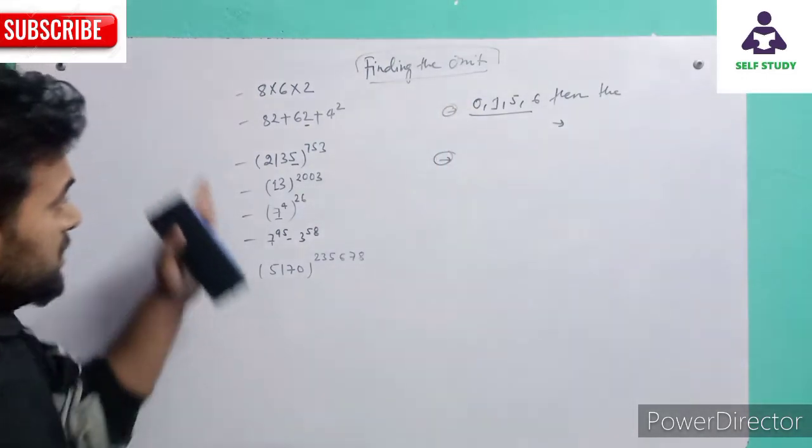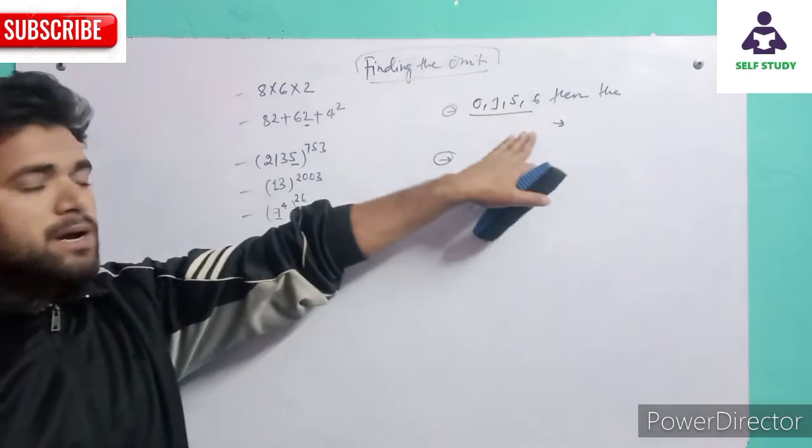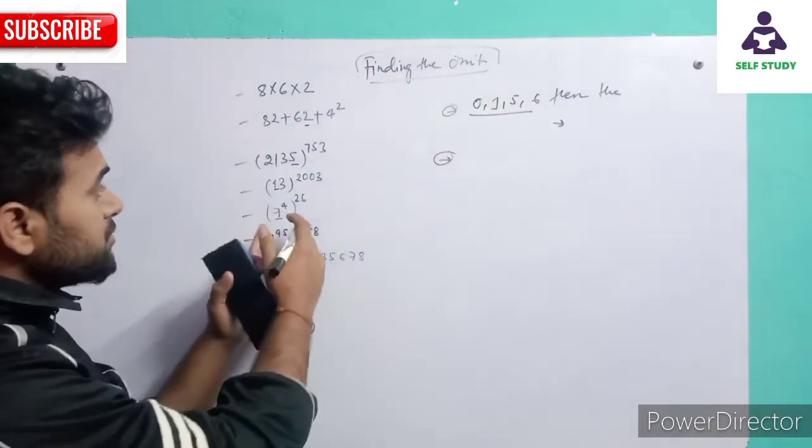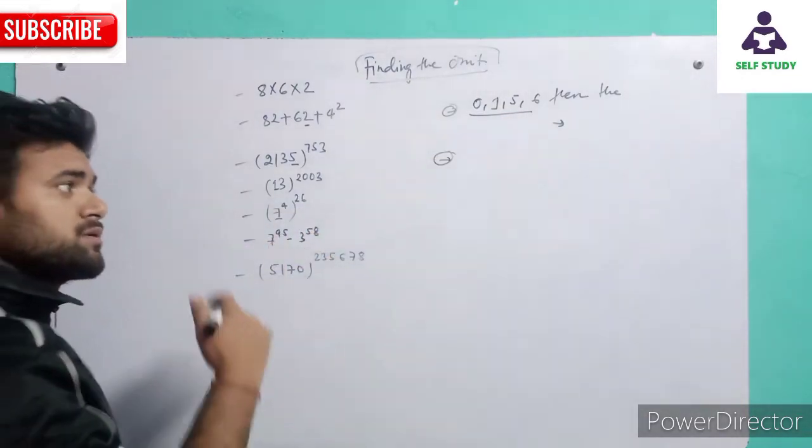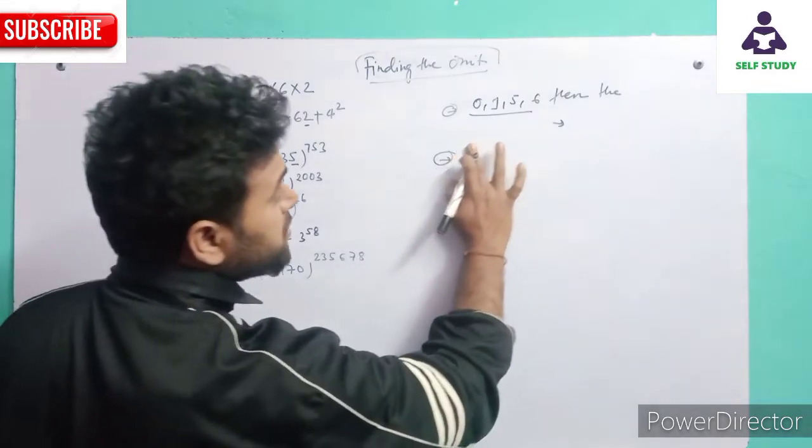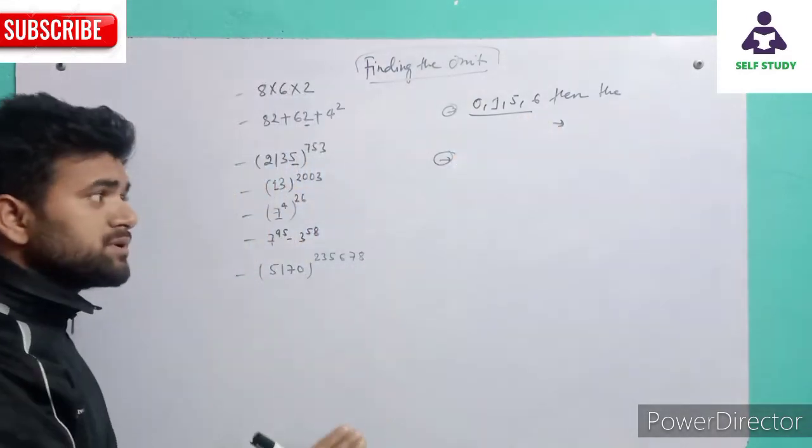The second concept is: if the unit place of a number is anything other than 0, 1, 5, 6, then we have a formula to find the unit digit. It is very simple and easy.